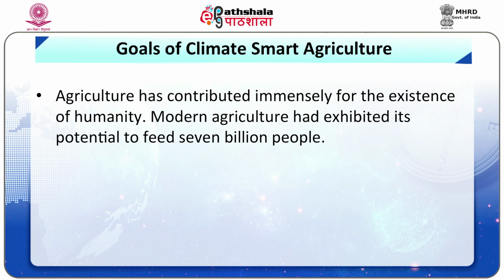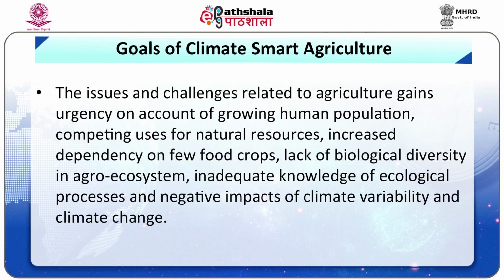Modern agriculture has exhibited its potential to feed 7 billion people. The issues and challenges related to agriculture gain urgency on account of growing human population, competing uses for natural resources, increased dependency on few food crops, lack of biological diversity in agroecosystems, inadequate knowledge of ecological processes and negative impacts of climate variability and climate change.